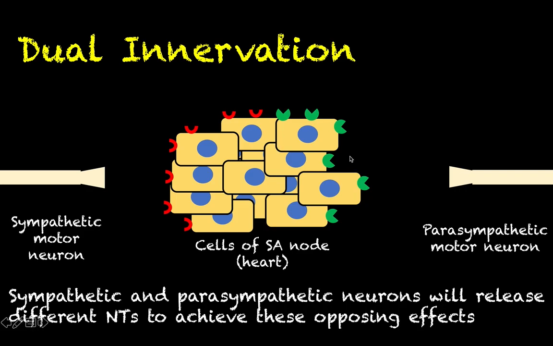Now, the way I illustrated it here is going to make you think that the cells on the right side have the green receptors and the cells on the left side have the red receptors, but that's not the case. I was just a little limited artistically here. Go ahead and assume that every single cell here that you see has both a red receptor and a green receptor. Understand? Good.